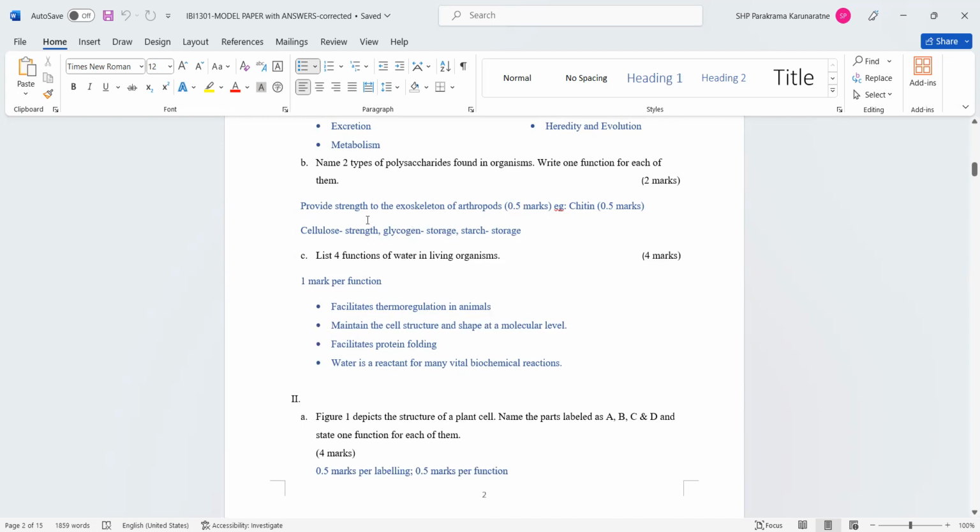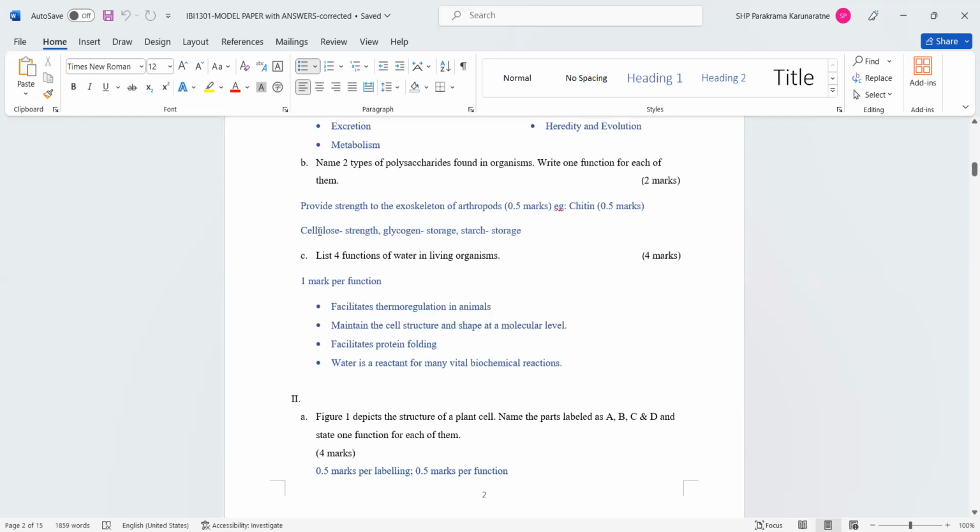For example, chitin gives strength. Chitin is there in the insect cuticle, so it gives strength. In arthropods, the exoskeleton, the skeleton outside the body, is made up of chitin. So that is a polysaccharide.